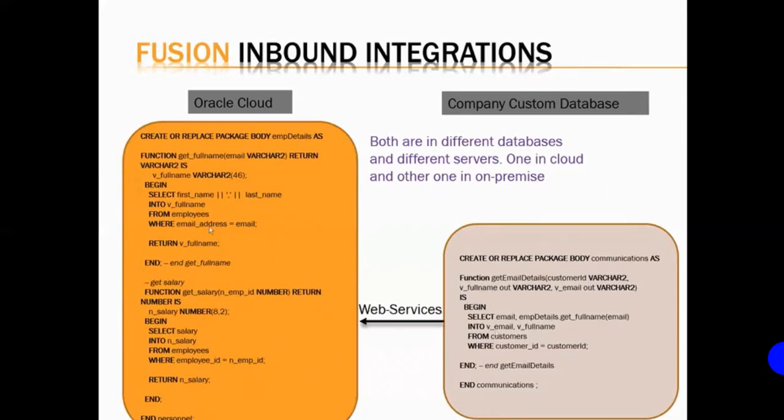If Oracle Cloud, or any server, wants to expose this get full name to the outside world, then yes, you can expose it. If it is exposed, anyone outside can take it. If Oracle Cloud is ready to expose get full name, then from my custom database I can consume that.